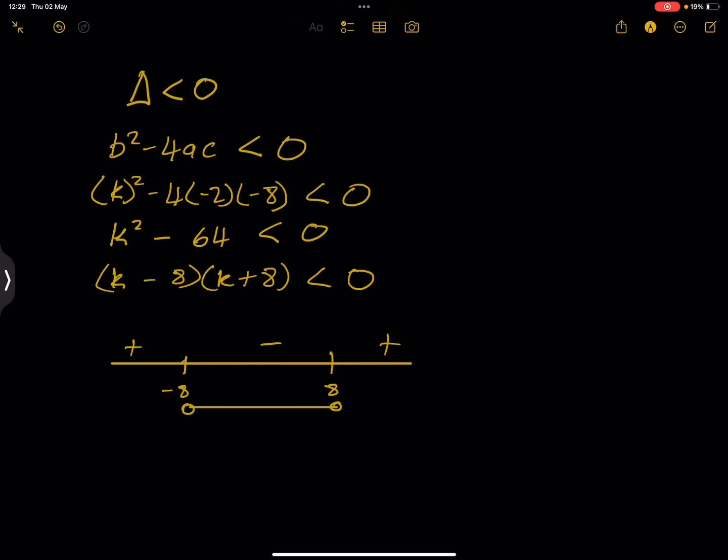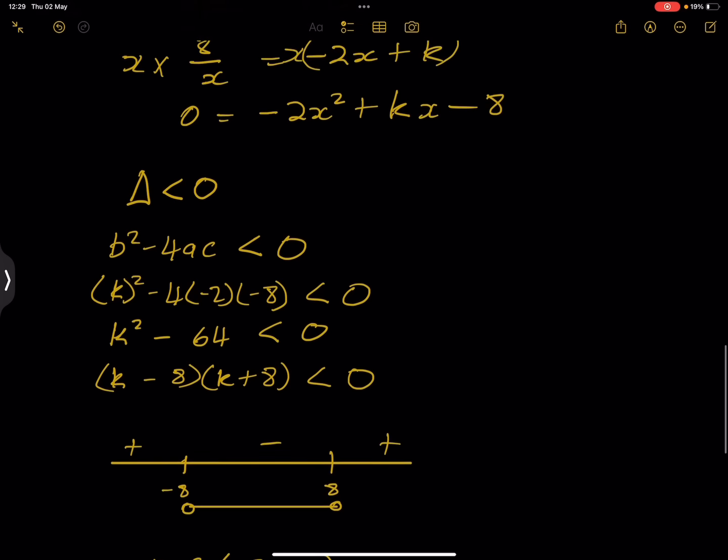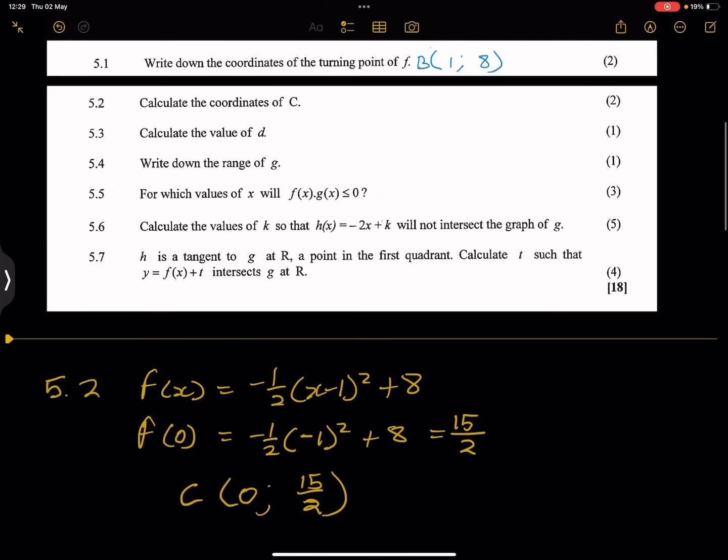And remember, we're going to exclude those values because we are looking strictly for it to be less than. So k must be an element of -8 to 8. I hope that makes sense, guys. Right, let's go on to the next one.